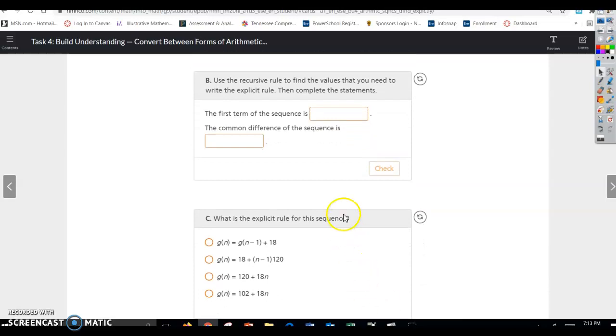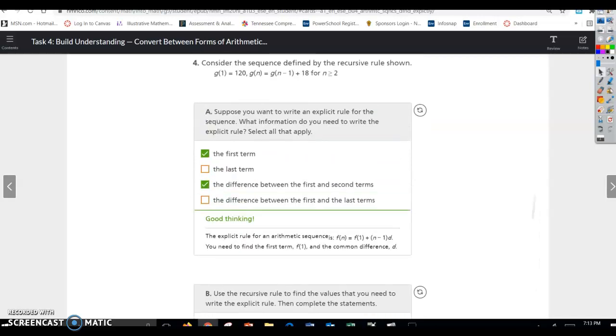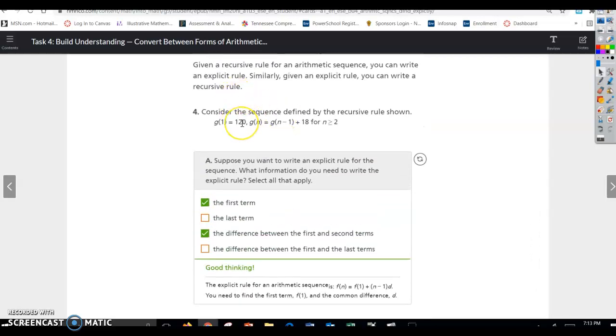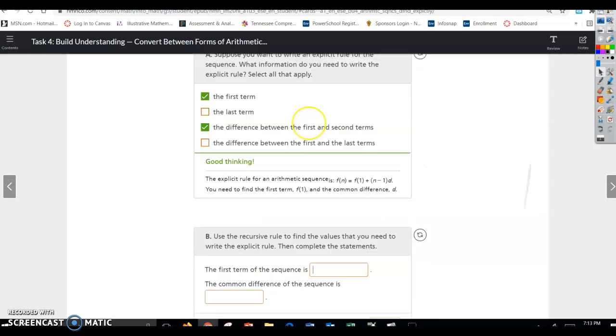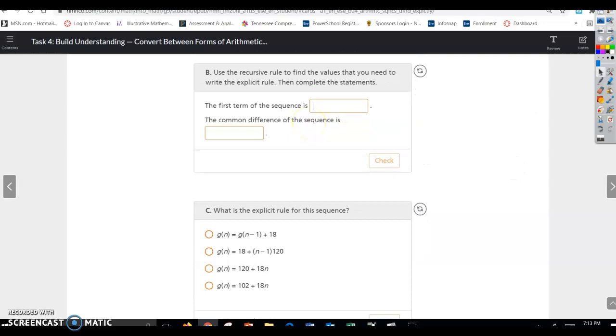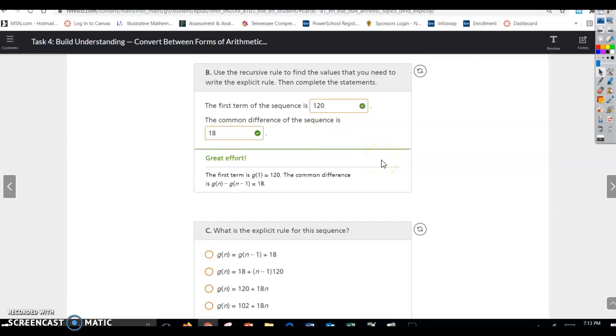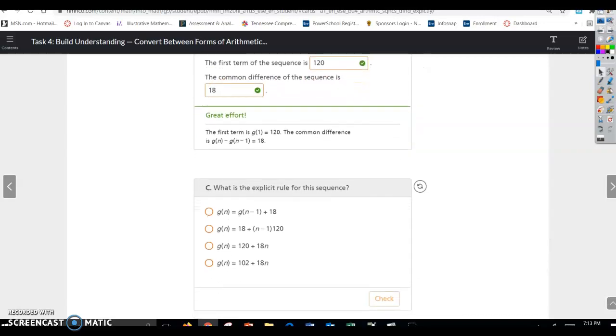All right, so use the recursive rule to find the value that you need to write the explicit rule. Then complete the statement. The first term of the sequence is 120, and the common difference is 18. All right, so it says, what is the explicit rule?